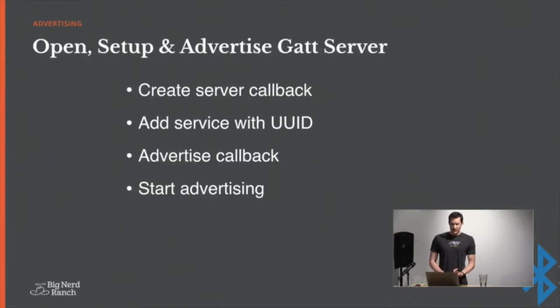So once you have those two, you create a server callback. We'll get to those in a second. It has all the on-this, on-that, connection state changes, that sort of stuff. You take your advertising data and settings, and you add your service UUID, and then you start advertising. And you basically just open the GATT server and start running.